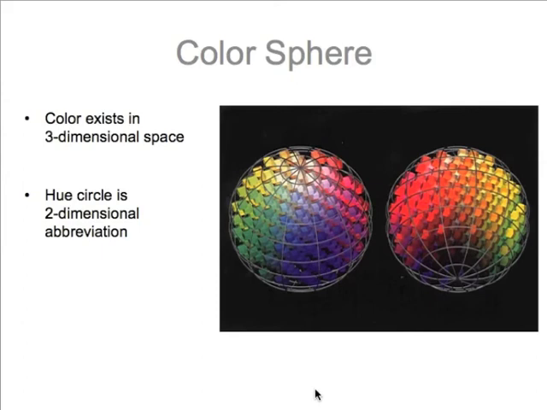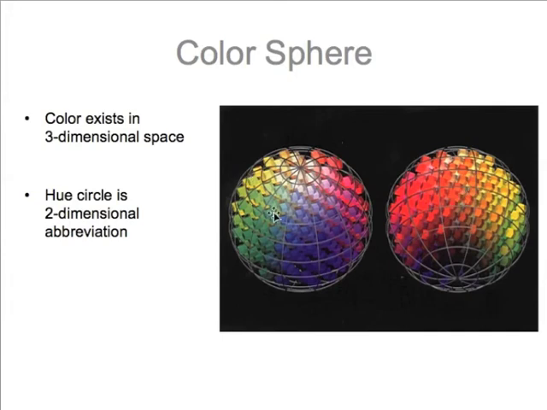We have various factors or various criteria by which we pinpoint color within a space. If you're used to working with Photoshop and you have played around with the modes palette, you'll understand that there's a grayscale mode, there's a bitmap mode, there's a CMYK mode, there's an RGB mode, and all of those modes are color spaces. The hue circle is a flattened version of the subtractive color sphere.